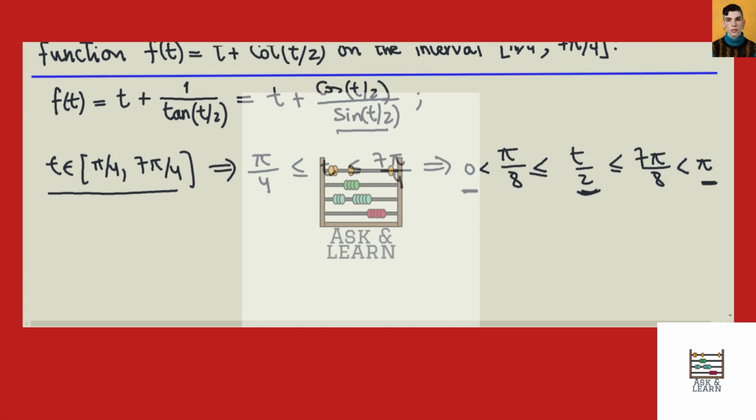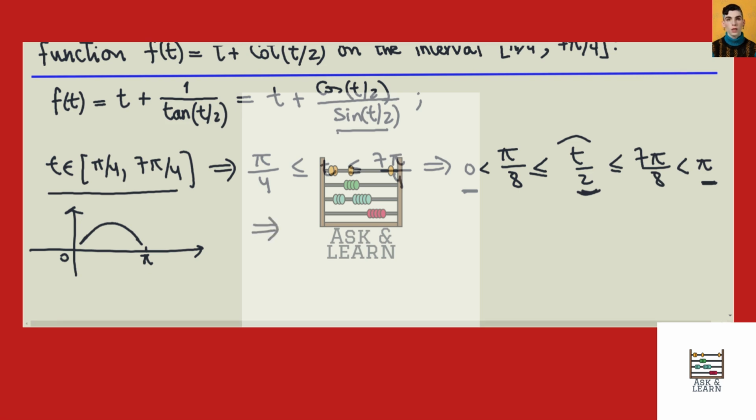So sine of that argument t half is like the graph of the sine function, but a little bit after 0 and a little bit before pi. That is, here is 0, here is pi, let's say. And so the graph of the sine of t half will be something like this. It never reaches 0 either way, near 0 or near pi.